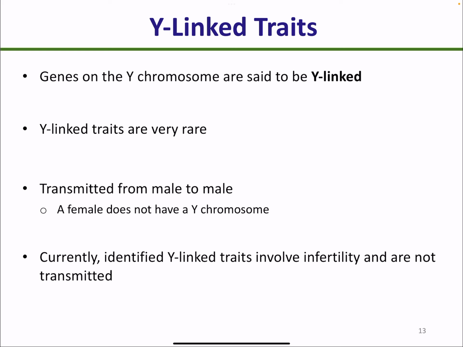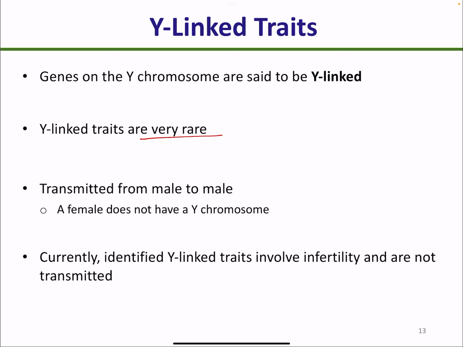Now, let's take a look at the Y-linked traits. So these are genes that are associated with the Y chromosome, right? The Y-linked traits are very rare, as the Y chromosome is very much devoted to maleness, right?